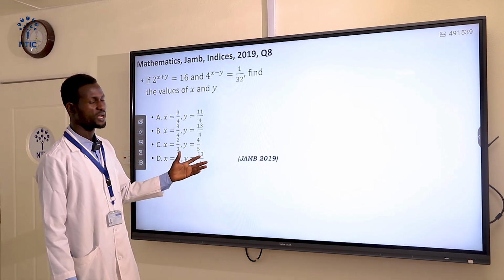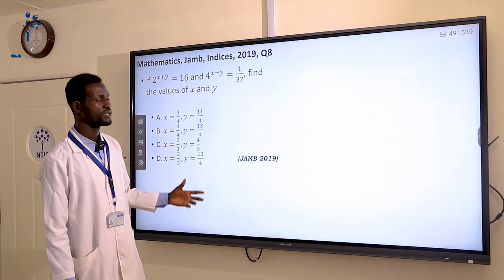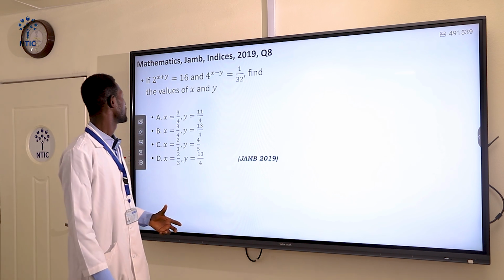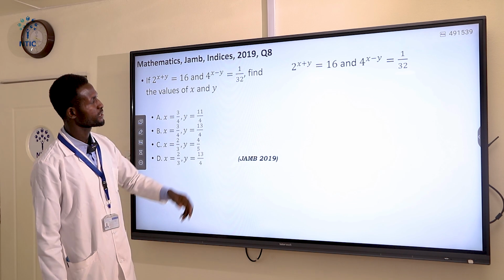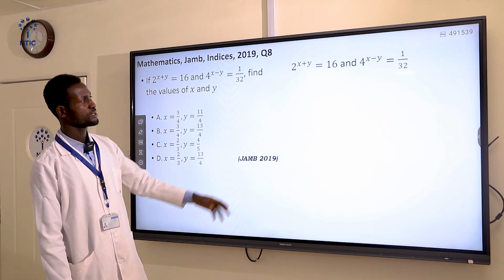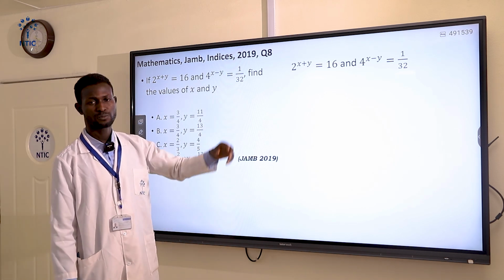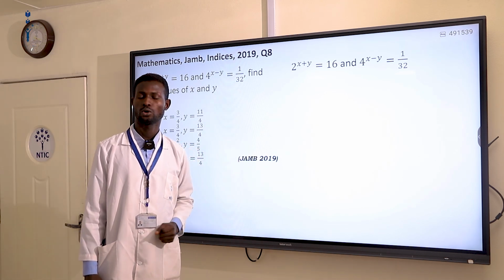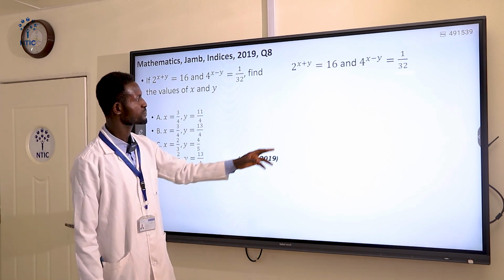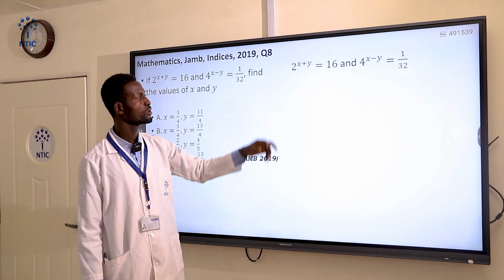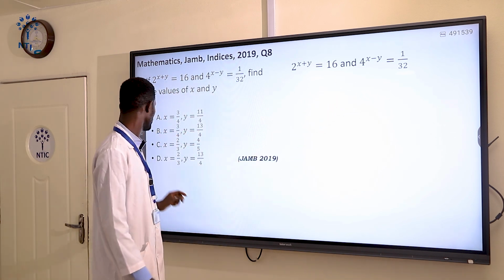The next question, we are solving a simultaneous equation involving indices. Here we have 2 raised to the power x plus y equals 16, and we have another indicial equation, which is 4 raised to the power x minus y equals 1 over 32. Now to solve this, we express 16 as a base 2 number, and also 4 and 32, we express as base 2 numbers.